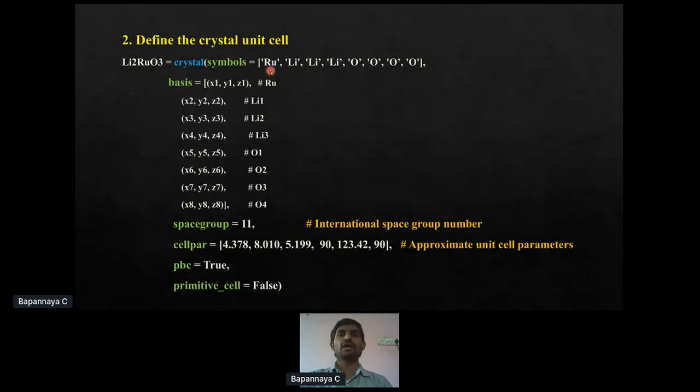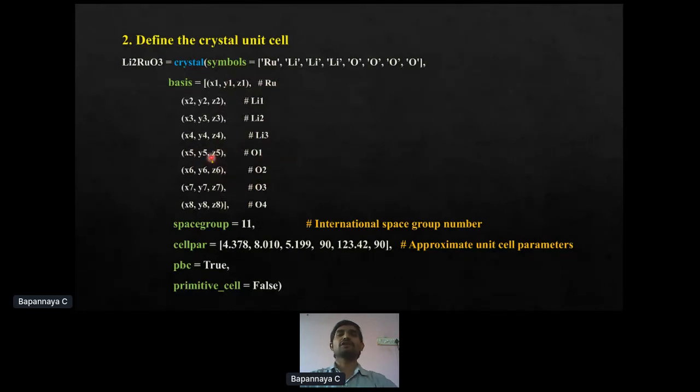Here 1 Ru atom, 3 lithium atoms, and 4 oxygen atoms form the basis of this particular unit cell. So the basis equals the position coordinates, used as per the sequence of the symbols. First we have to use the position coordinates of the ruthenium atom, and then lithium 1, lithium 2, lithium 3, and then oxygen 1, 2, 3, 4. This forms the basis of the unit cell.